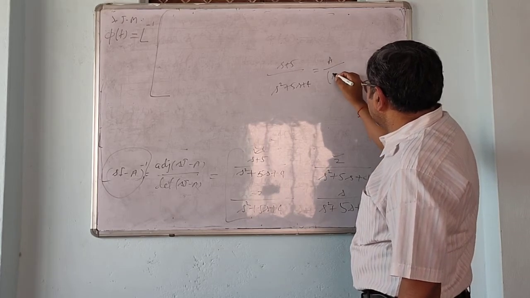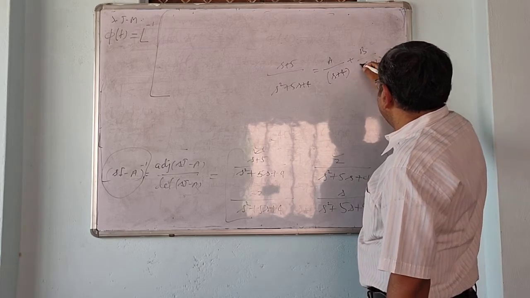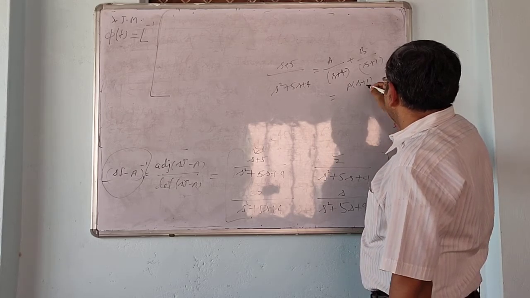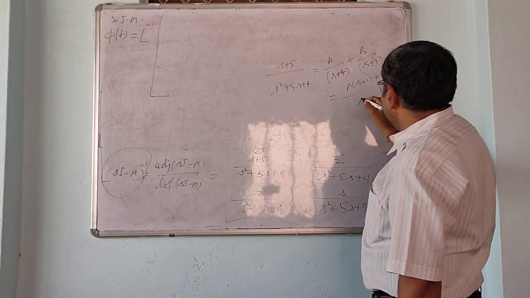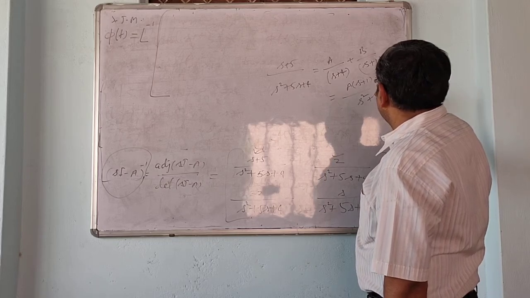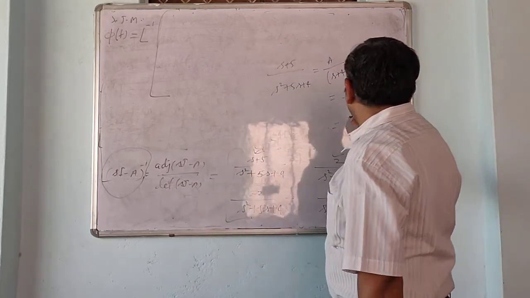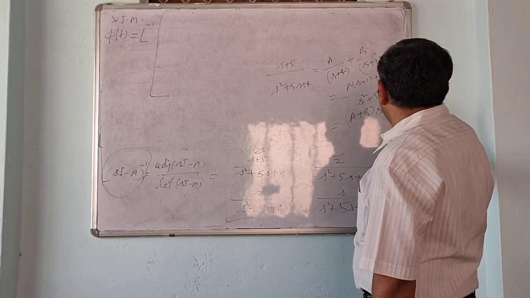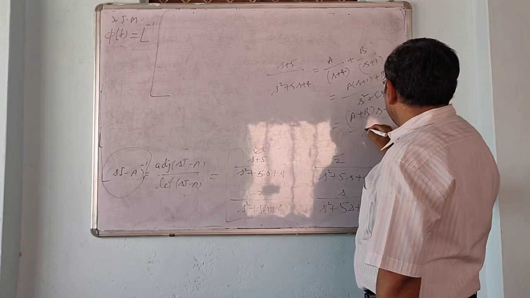Two factors are here: a upon s plus 4 plus b upon s plus 1. Then this is a times s plus 1 plus b times s plus 4, upon s square plus 5s plus 4. After comparison, you can write a plus b times s plus a plus 4b upon this.